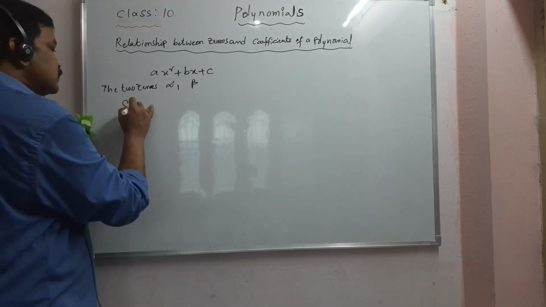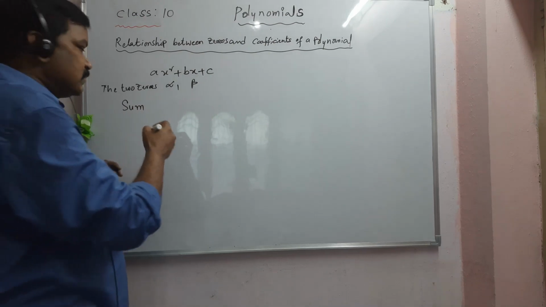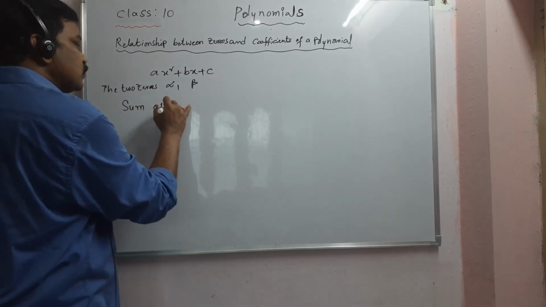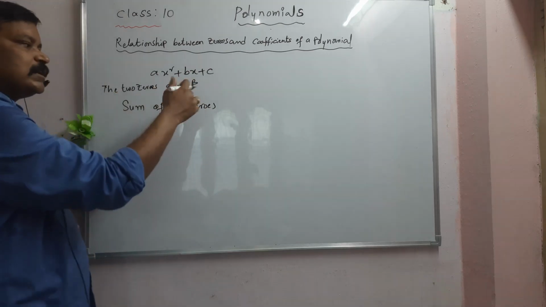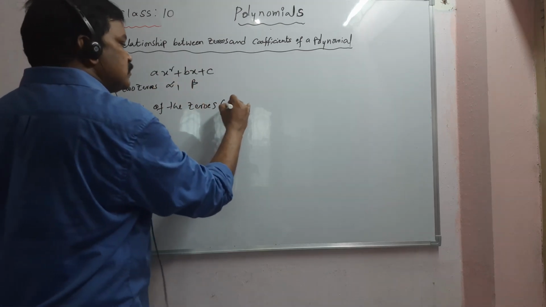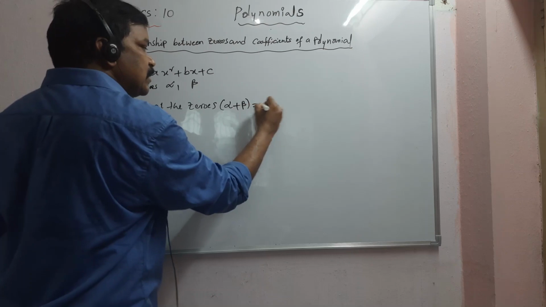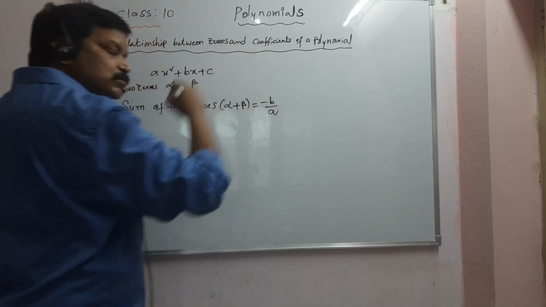Sum means plus, sum of the zeros. What is the sum of the zeros? If alpha and beta are the zeros, the sum of the zeros, alpha plus beta, is equal to minus b by a.